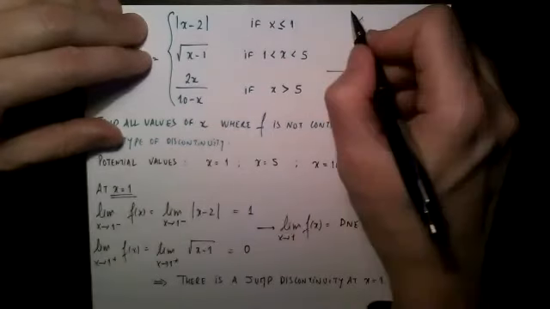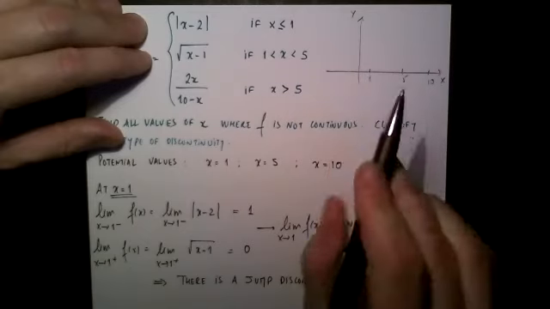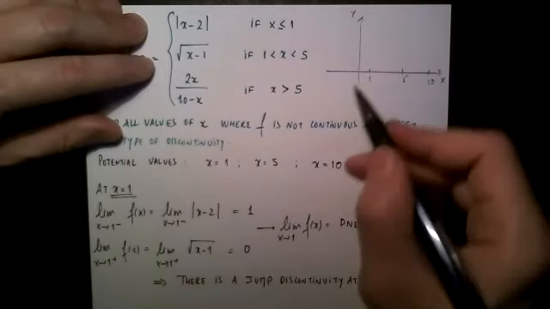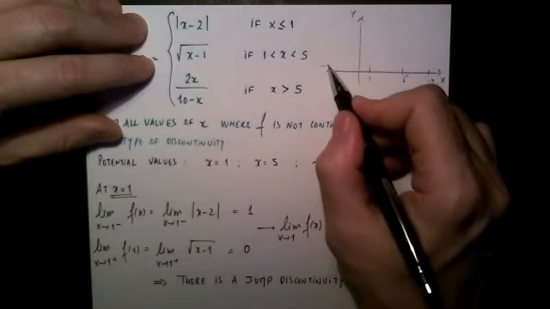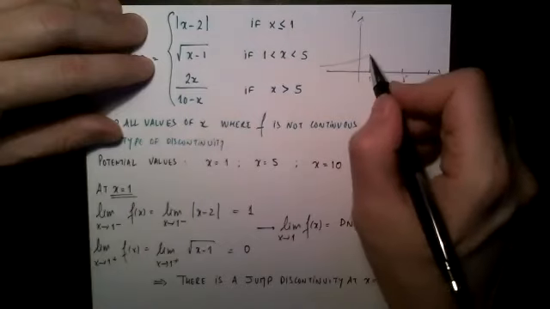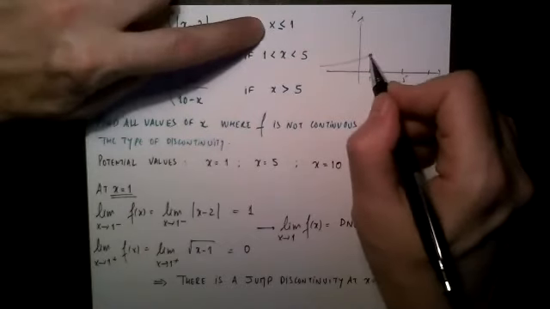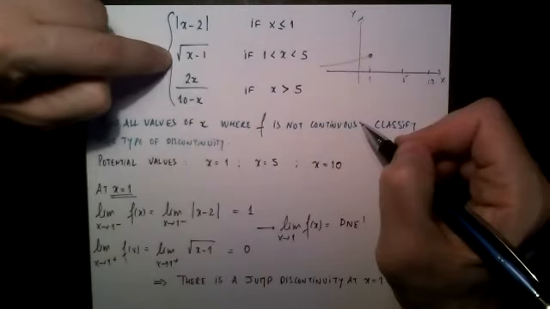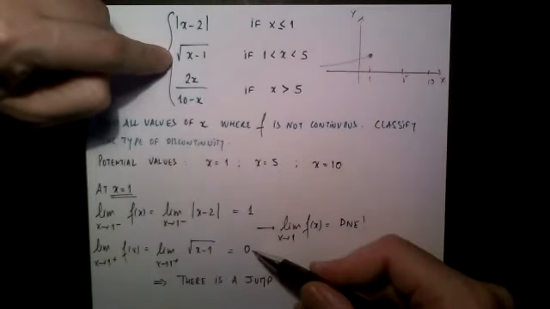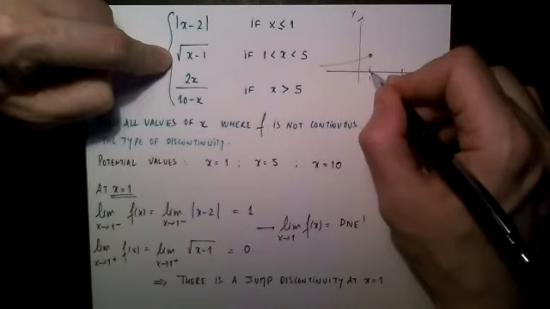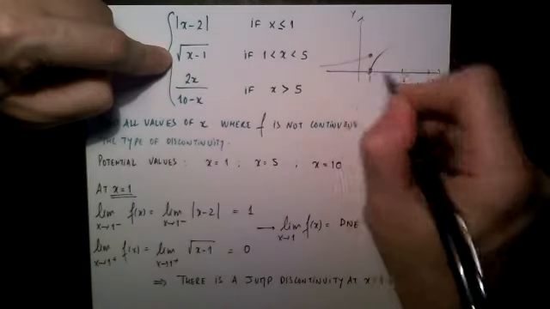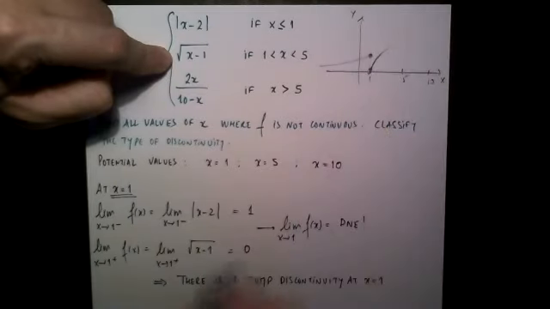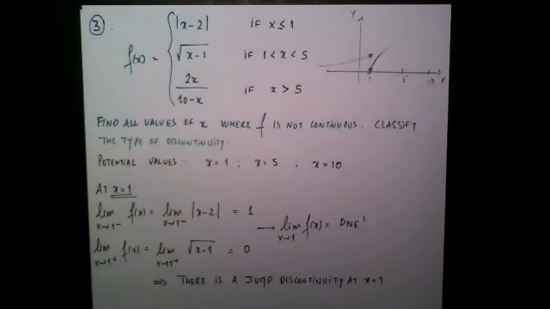At 1, if I get close from the left, I'm getting close to 1, including, because it's or equal. From the right, I'm getting close to 0. So it's an open dot. You see that the function jumps here. Clear?